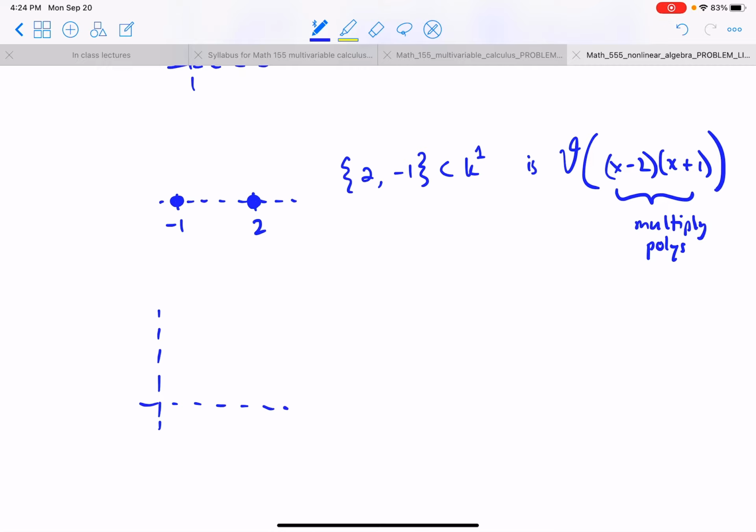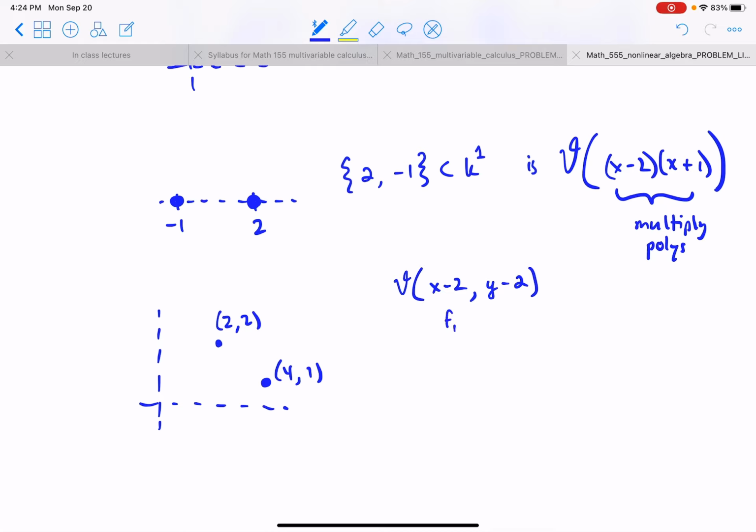Let's take the point 4, 1 and the point 2, 2. What if I want to get both of those? Okay, so what I need to do: the point 2, 2 alone would be the vanishing set of x minus 2, y minus 2, namely the vanishing set of two polynomials.